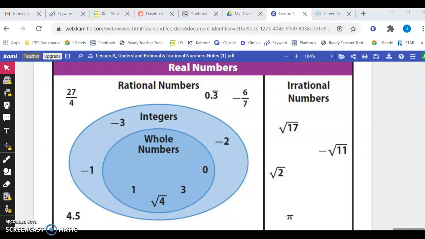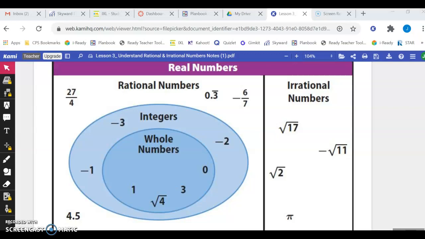And whole numbers are just regular counting numbers, positive whole numbers, including 0. So if I asked you to classify the number 5, 5 would fit into the whole number category, and whole numbers are also inside of integers, and integers are inside of rational numbers, and rational numbers are inside of the real number chart. So a lot's going on on that side.